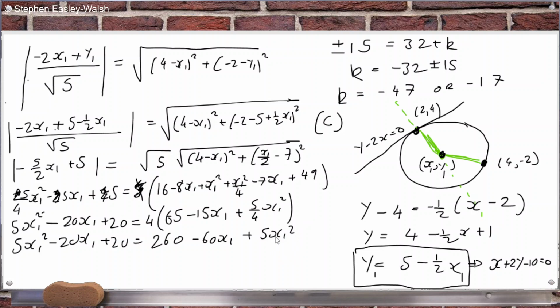That's very interesting. That cancels with that. So that is 40x1 equals 260. So that means x1 is 13 over 2. And that means y1 would be 5 minus 13 over 4. That's 7 over 4. They're seeming like messy answers, aren't they?